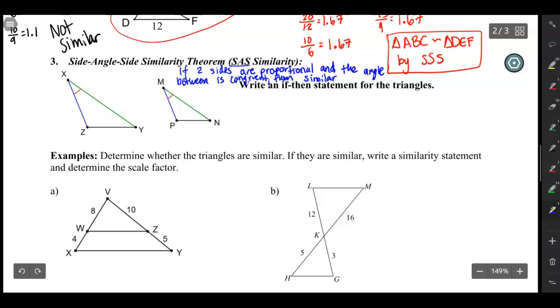Okay. So let's look at what that would mean in this XYZ and MNP triangle right here.